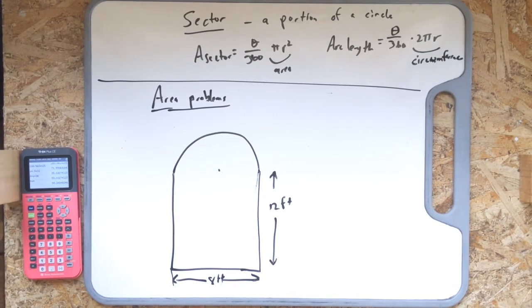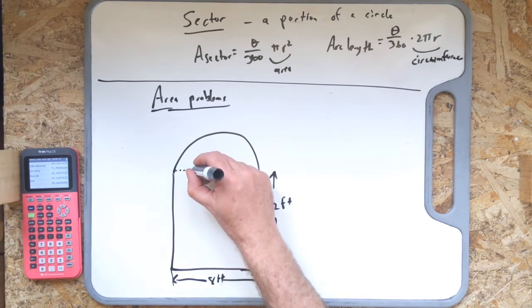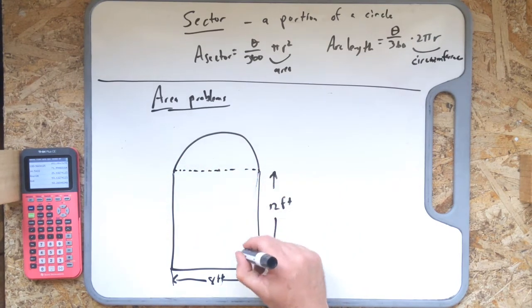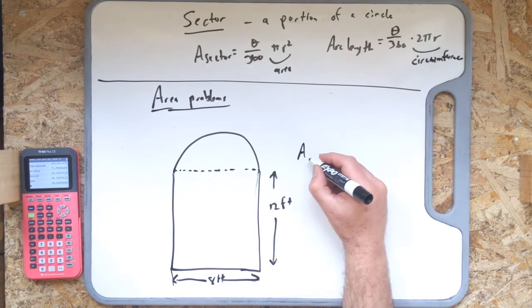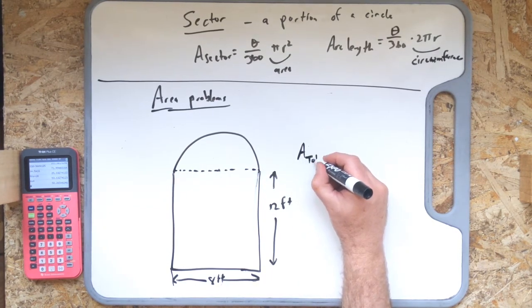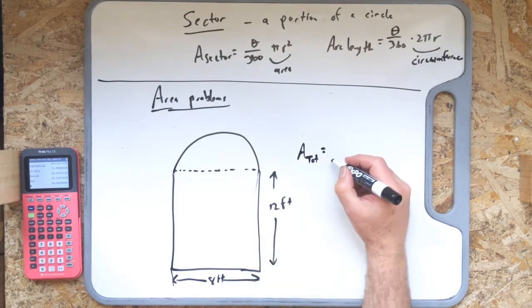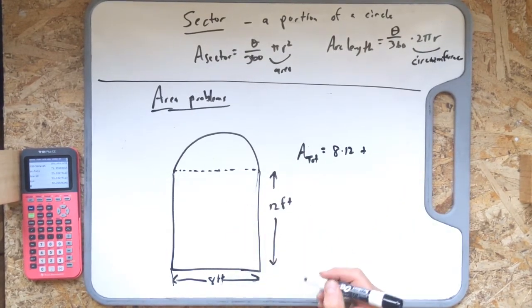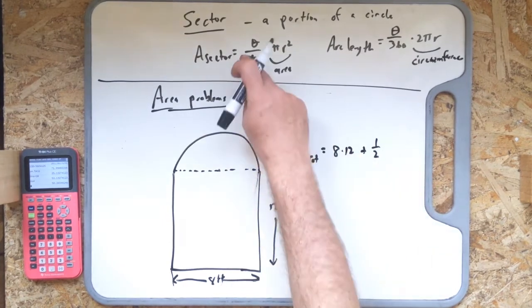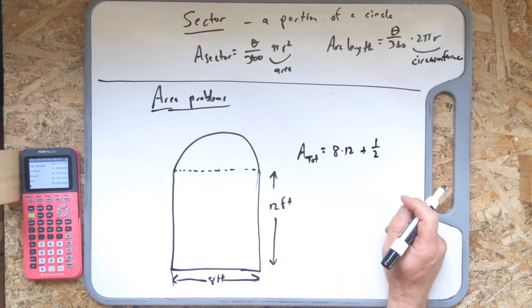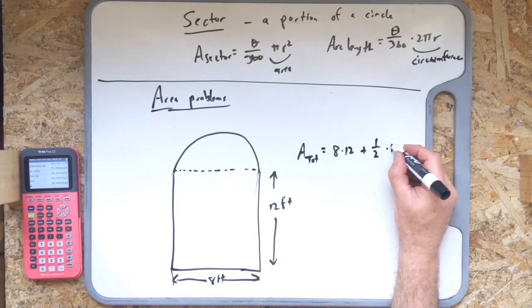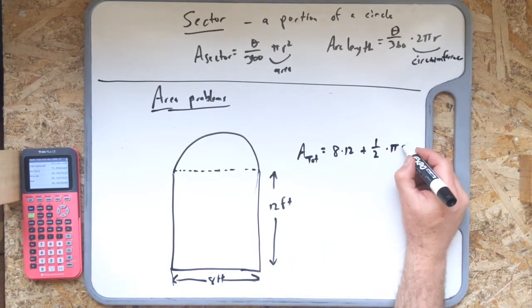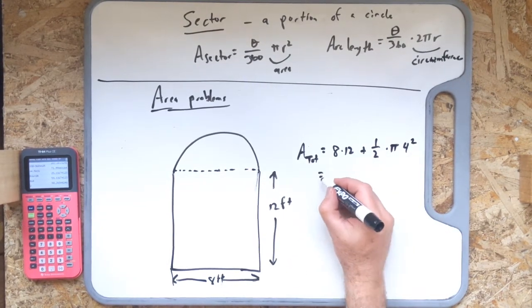Okay, if you're back, it is made up of two shapes. You have to break it up yourself, but there's a rectangle on the bottom and there's again a half circle. So the area of the tombstone total is simply the area of the rectangle, which is 8 times 12, plus the area of the half circle, which again is a half, sector area, 180 over 360, times pi, and the radius is not 8 feet, but rather 4, squared.